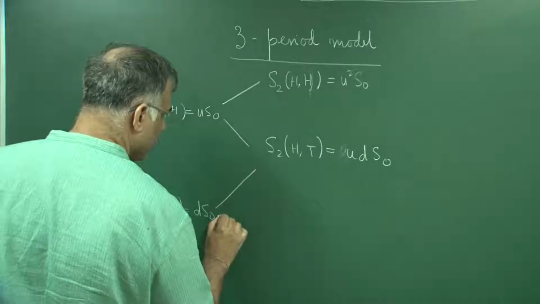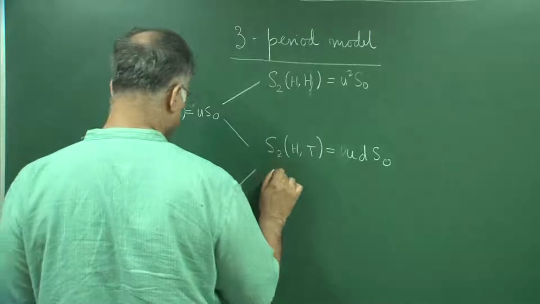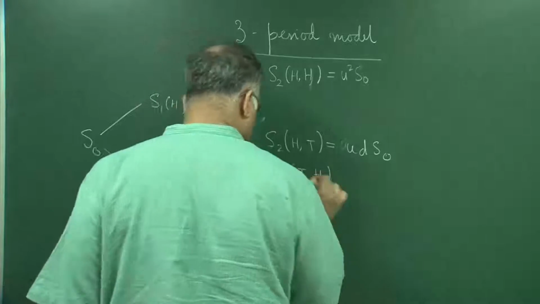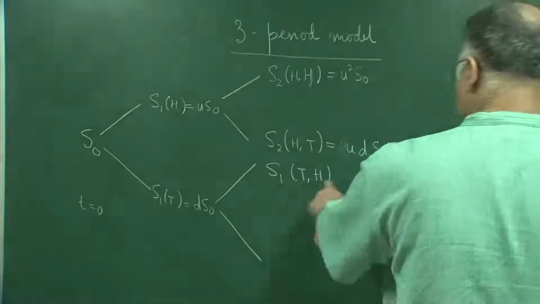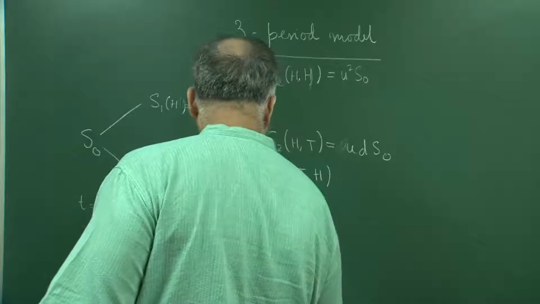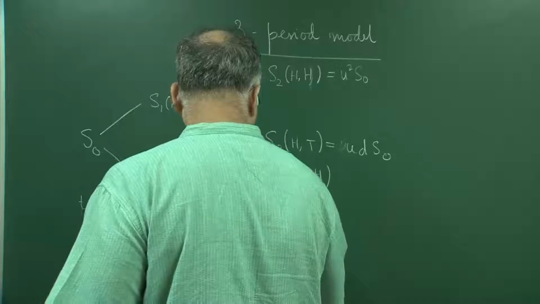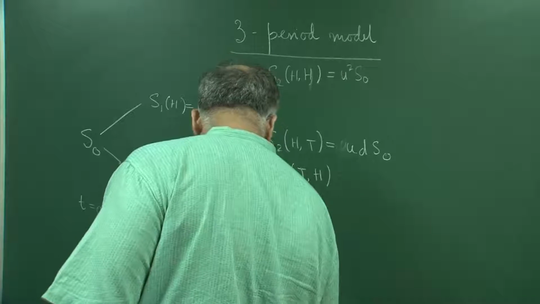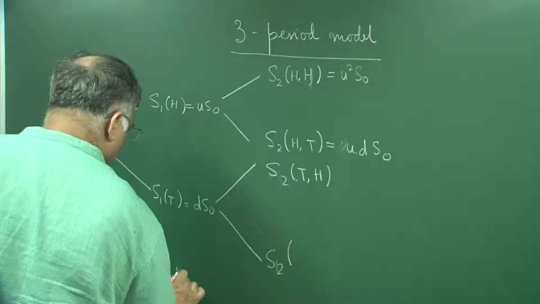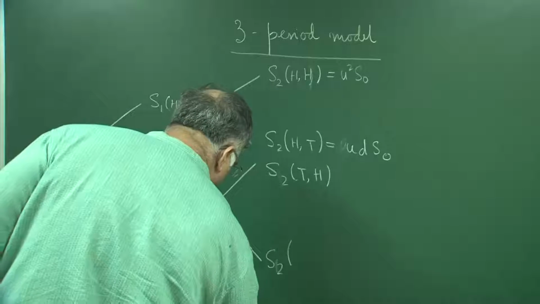From here also I will have two possibilities, which will be S2 TH, that is now first tail had come, then head has come. This index is representing the time. So, this time t equal to 1, this time t equal to 2.